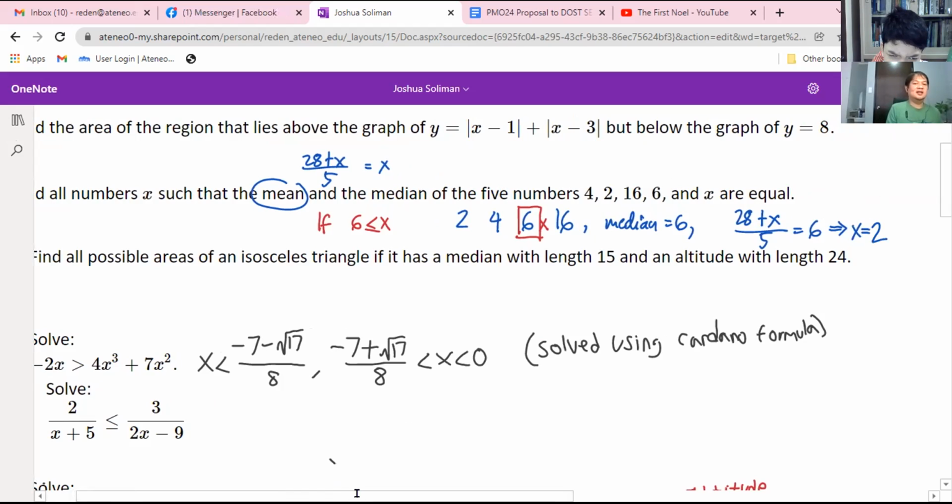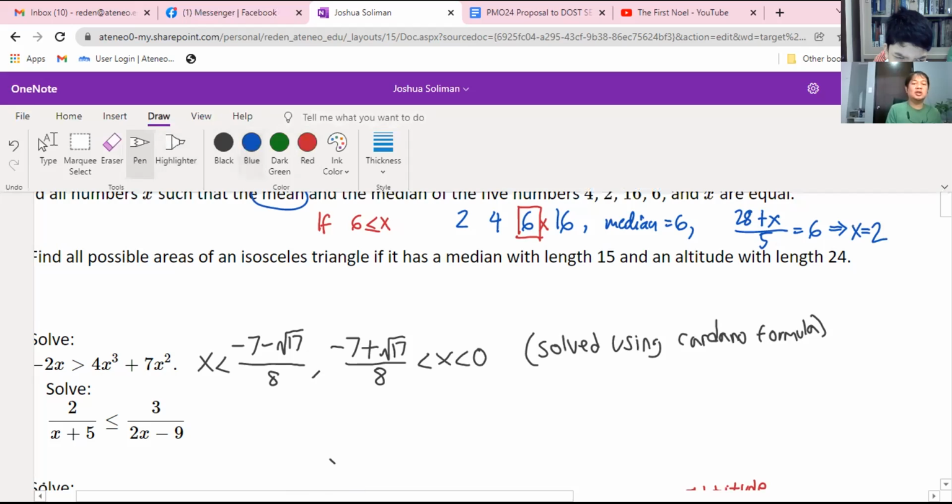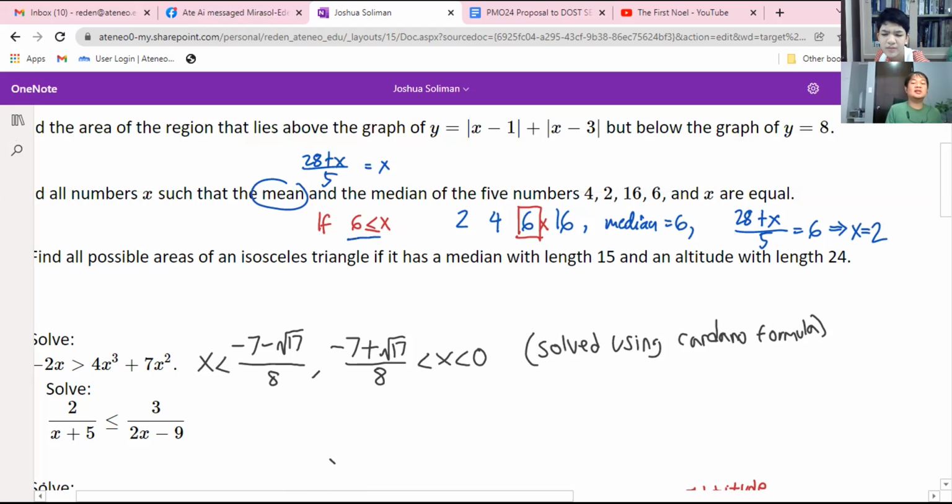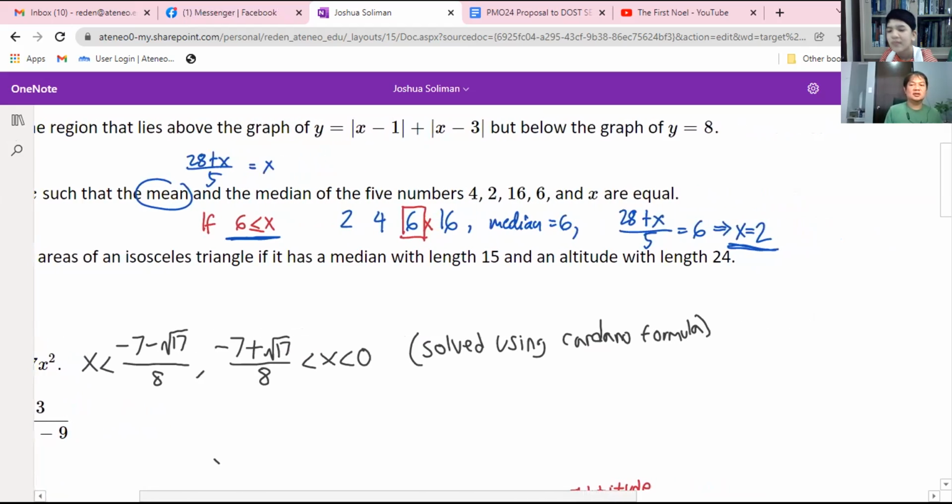So is that possible? No, kasi it will just go to the other side. Right. Actually, ganito, our starting point is that we assumed x is greater than or equal to 6. And that leads to x being equal to 2. But this is not greater than or equal to 6. Okay, so therefore, this case has no solution.